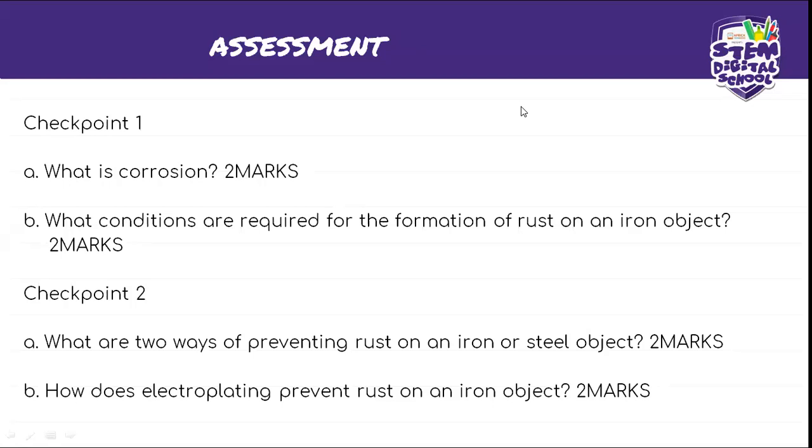And then checkpoint 2, we have looked at some ways of preventing rust, so you need to write two of them. And then we have also looked at electroplating. How does electroplating prevent rust on an iron object? Also 2 marks. All right. I'm waiting for you, my beautiful learners.